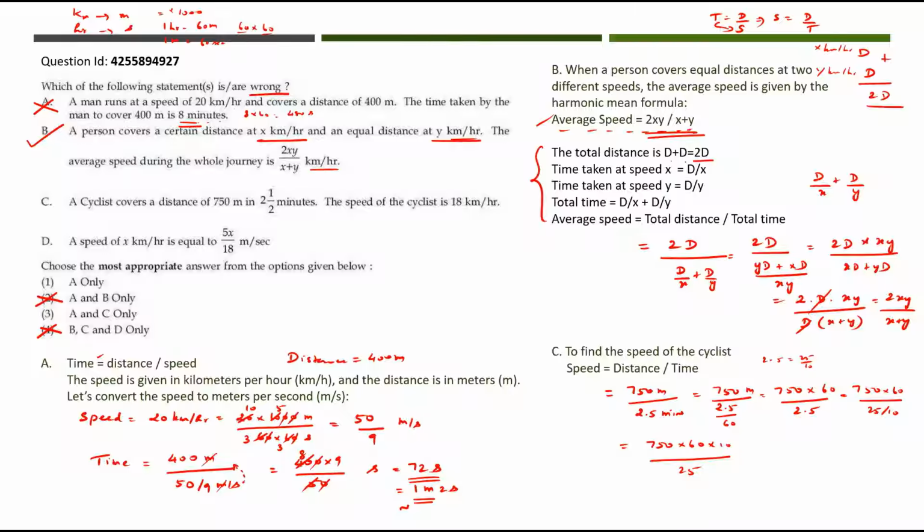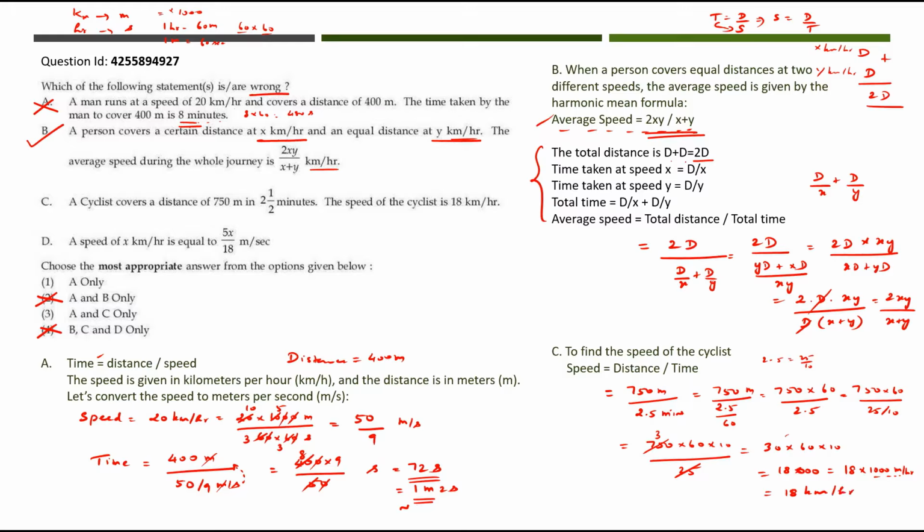25 3s are 75, so this is 30. So we have 30 into 60 into 10. 3 6s are 18, and we have 3 zeros here. This is 18,000, which can be written as 18 into 1000 meter per hour. 1000 meter is 1 kilometer, so we will have 18 kilometer per hour.